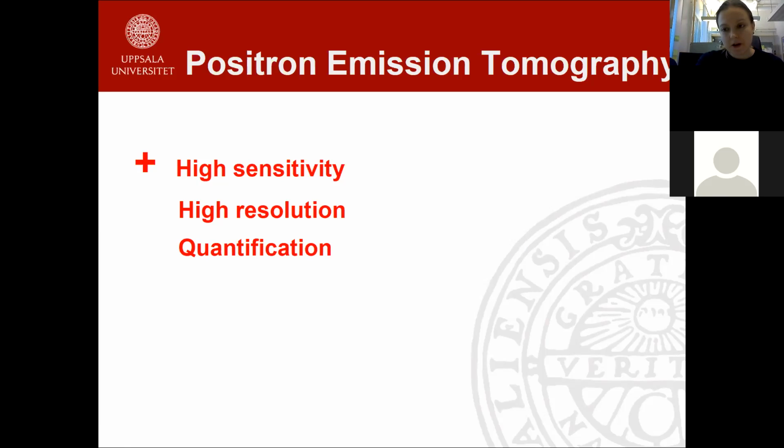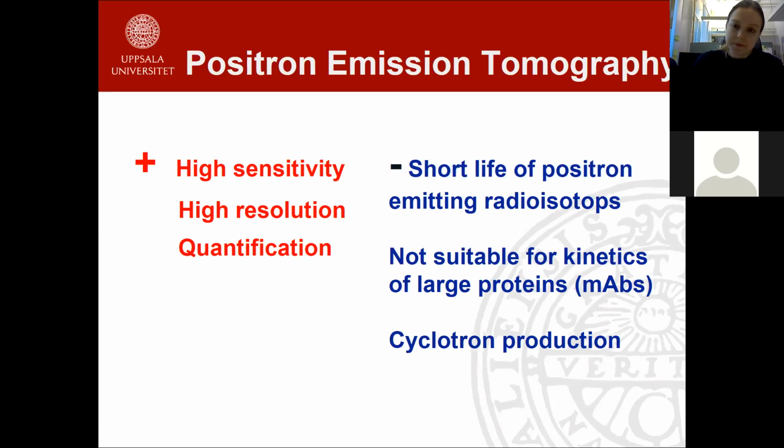And then it also allows to do quantification of the signal. So these are the advantages. The disadvantages of this method could be a short half-life of positron emitting radioisotopes. So it's not very suitable for kinetics of large proteins such as monoclonal antibodies, but it still can be used, and we will look at some examples.